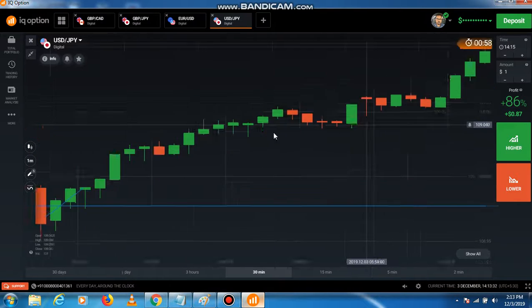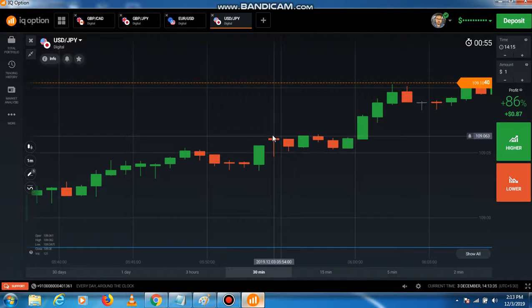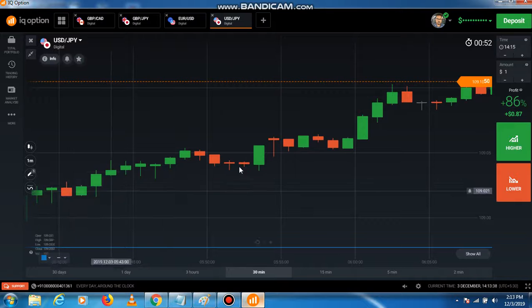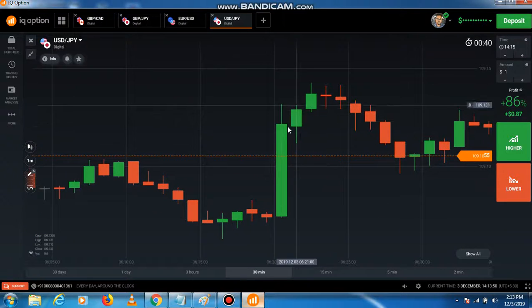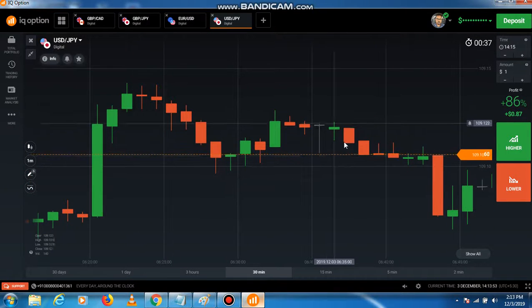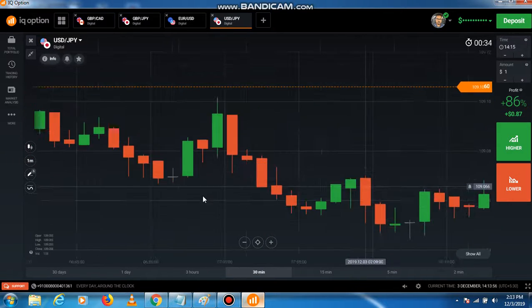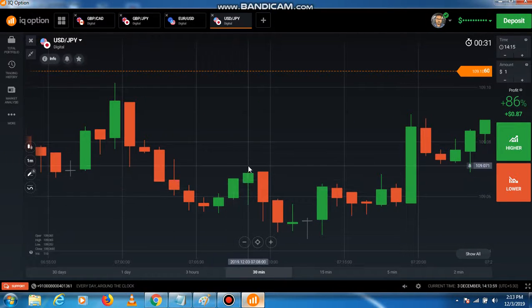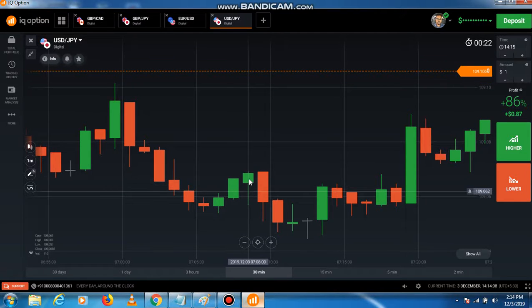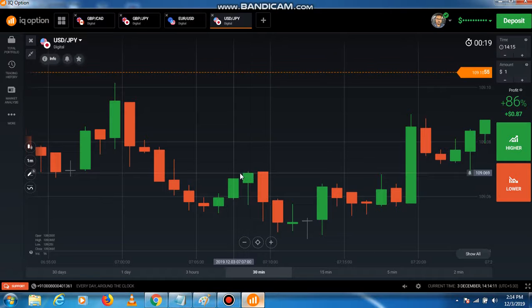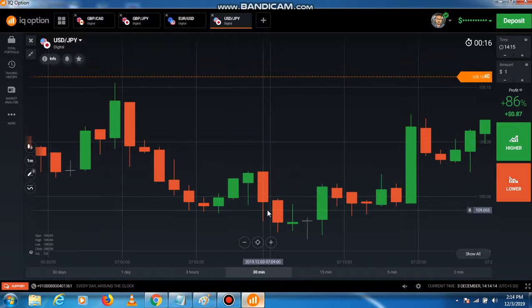This one has good steepness from the top of the hammer, and if I keep an angle like this, it is good, and it worked. Next, this is not a hammer, this is not a hammer. I need a body with a long wick. Yeah, look at this, it worked. One, two candles, and the third candle is a hammer. The wick is two times longer than the body. It closed above the previous candle's body, and boom.